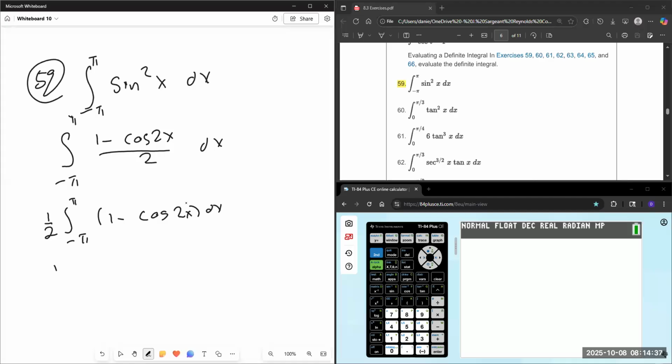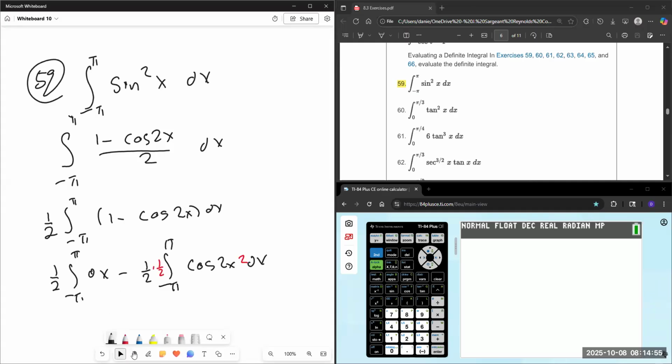It's 1/2 integral from negative pi to pi of dx minus 1/2 integral from negative pi to pi of cosine of 2x dx. And we'll put 2 here and 1/2 here to fix it.